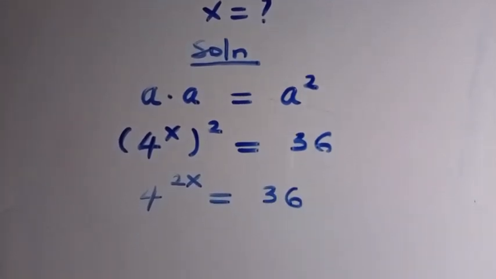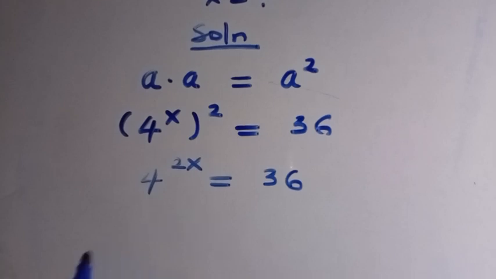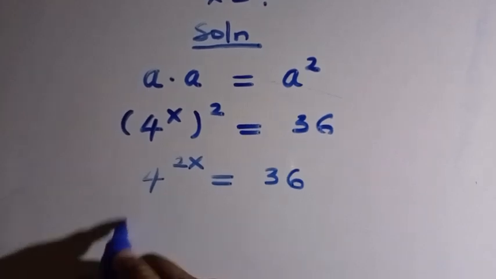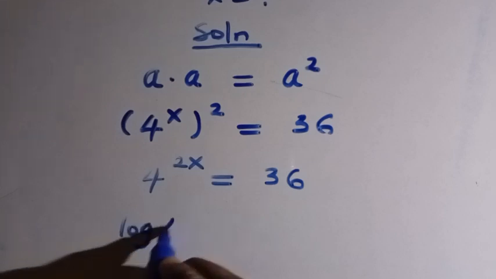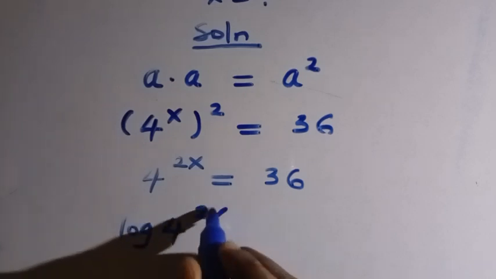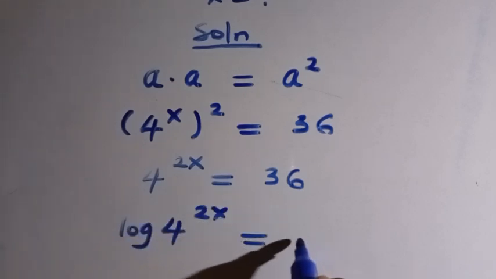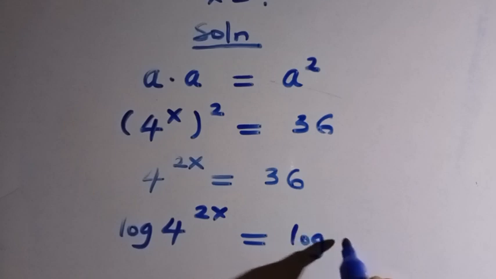And so from here, let's introduce logarithm to both sides. So by introducing log, we have log 4 raised to power of 2x equals log 36.